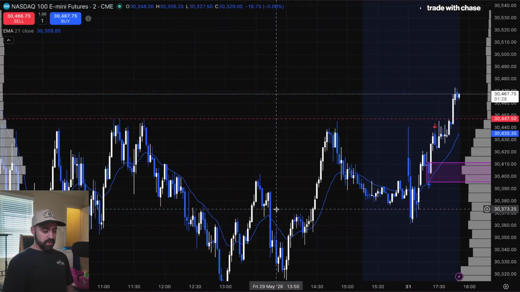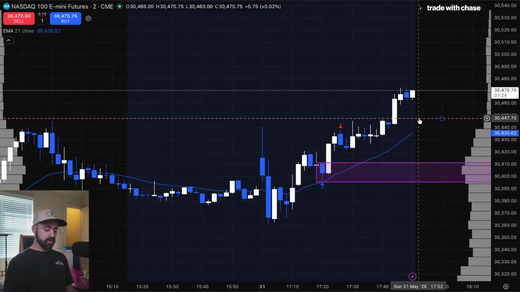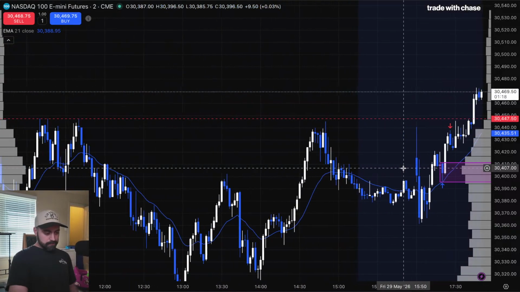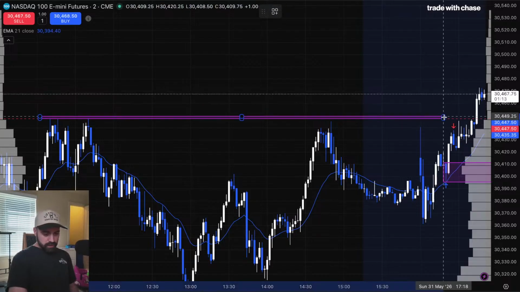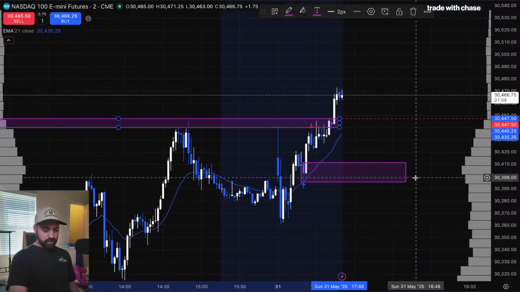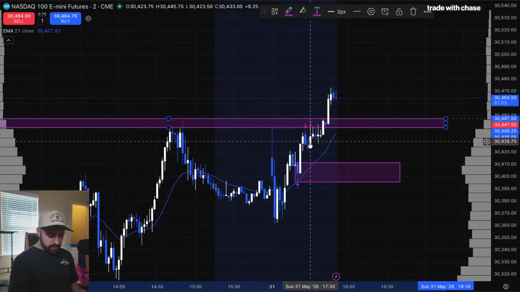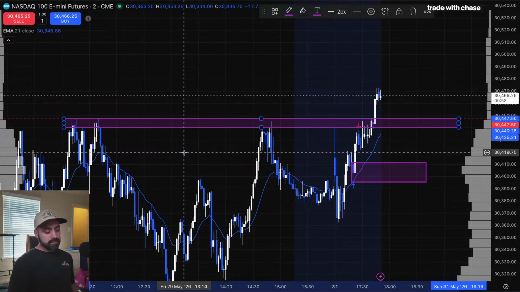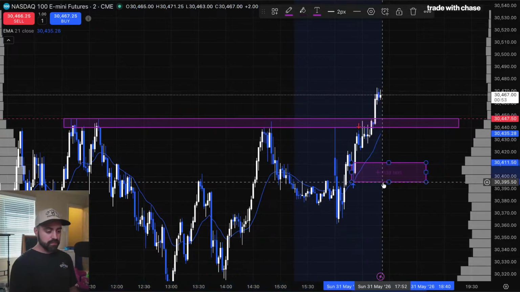What would be a great entry is if our 21 EMA here can line up with this red line that we drew, and it could really be, let's say, anywhere in this area. So that is what we're looking for.